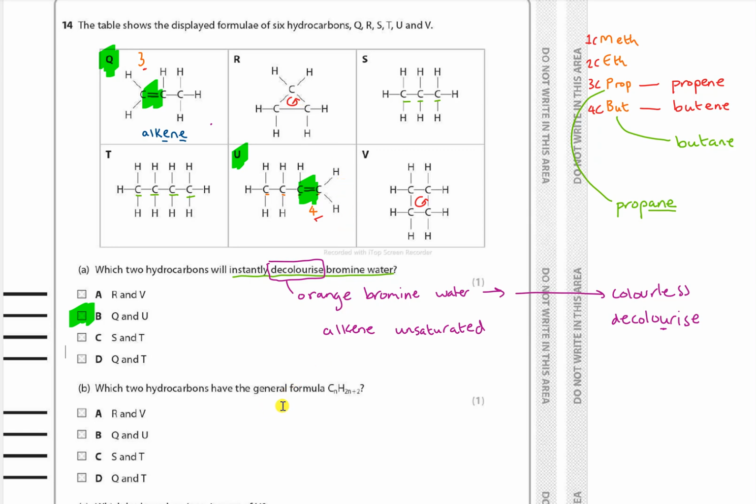Right, which two hydrocarbons have the general formula CnH2n+2? So remember what we said.